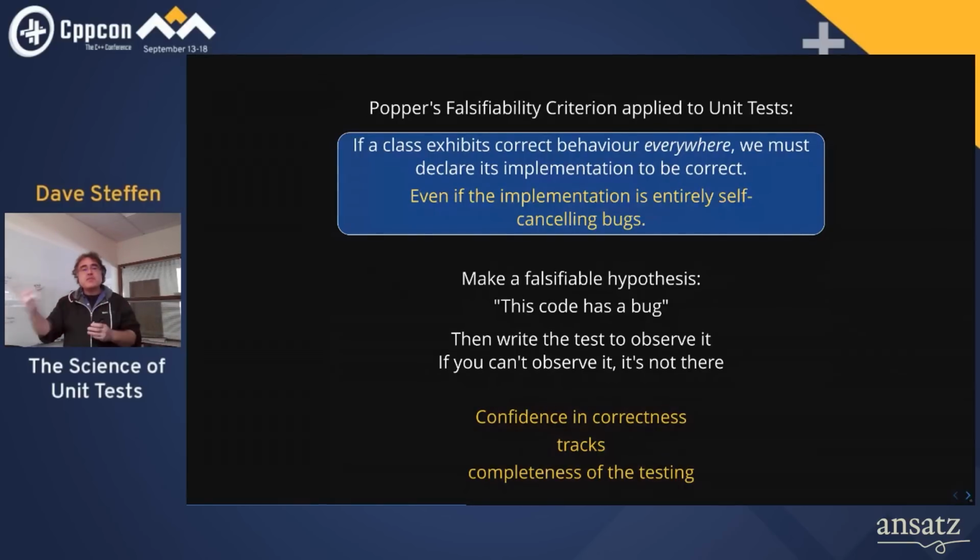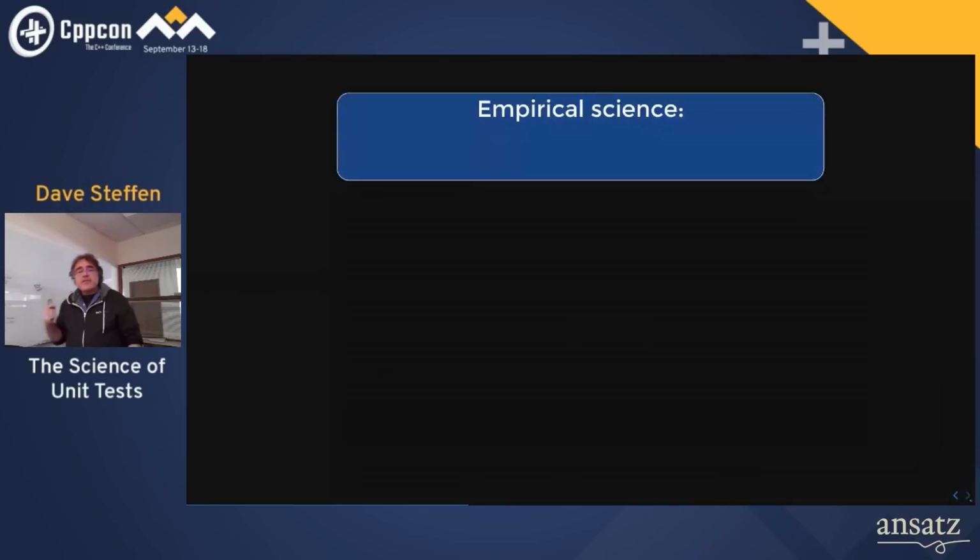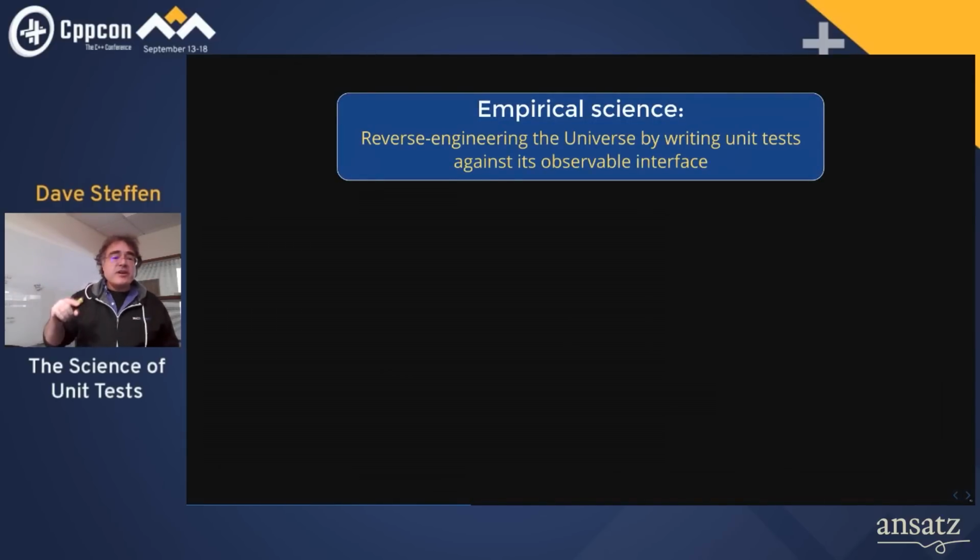Now, if these are similar, do we learn something by turning it around and seeing if the metaphor works the other way? And actually, we do. If you think about what empirical science has been doing, we are trying to reverse engineer the source code of the universe by writing unit tests against its observable behaviors. This is what an experiment is. You observe something in the universe, and then you try to figure out what's going on.